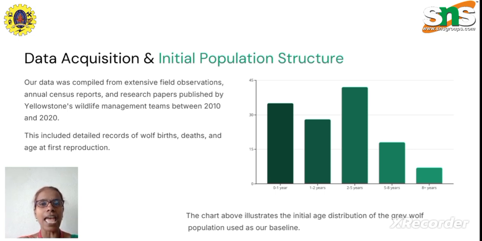So this is the analysis we have done. This included detailed records of wolf birth, death and age at first reproduction. That chart will be shown in this figure. The chart above illustrates the initial age distribution of the grey wolf population used as our baseline.